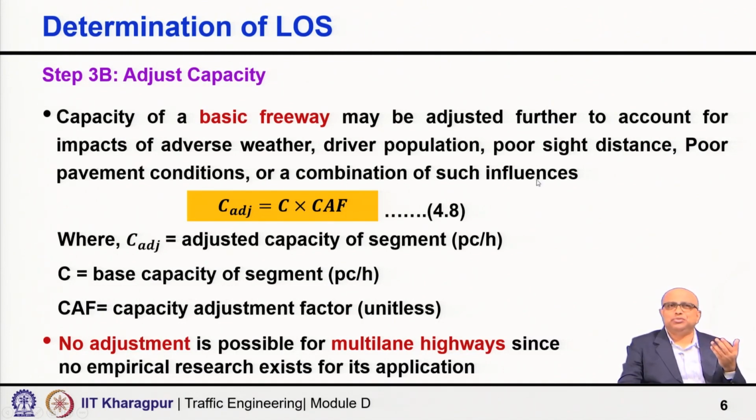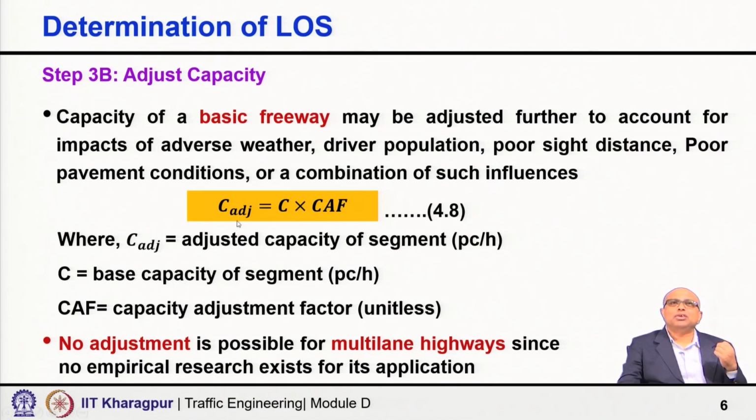I have mentioned only a few here. For example, adverse weather, driver population, somewhere there could be poor sight distance, which may impact the overall flow and the capacity. Sometimes it may be poor pavement condition and sometimes even other factors, or say a combination of various influences.